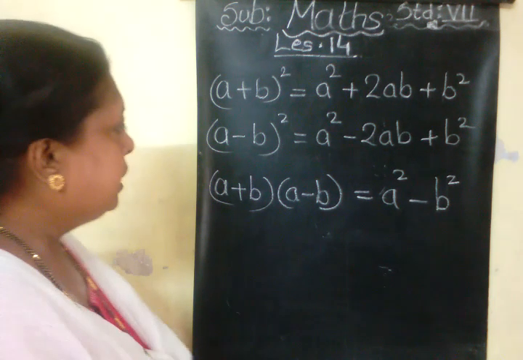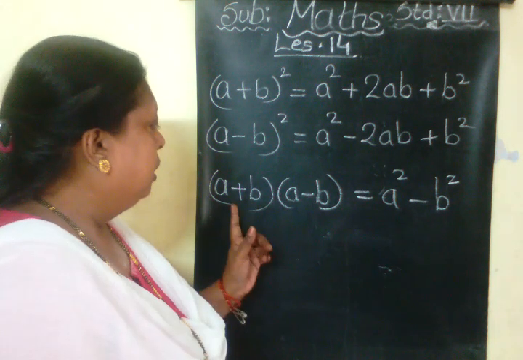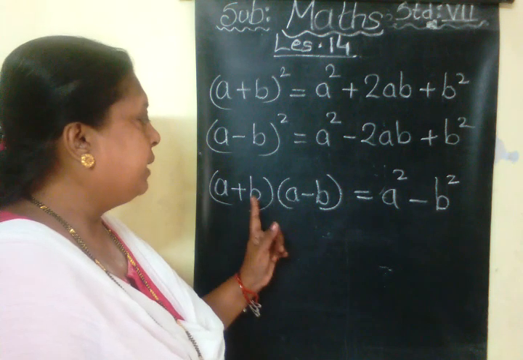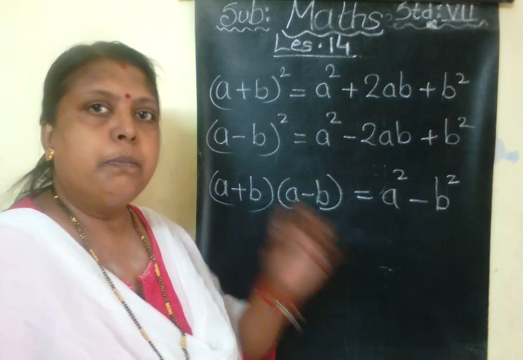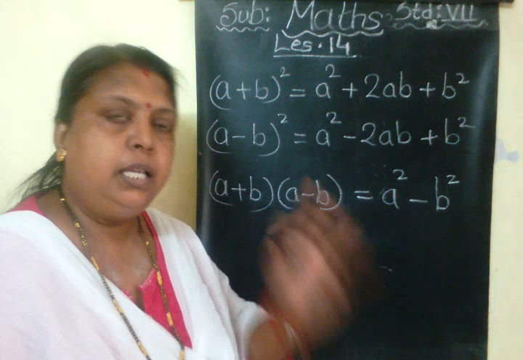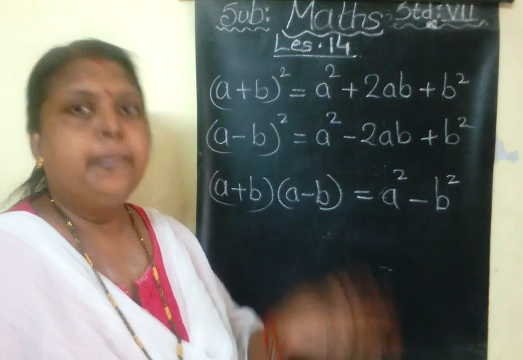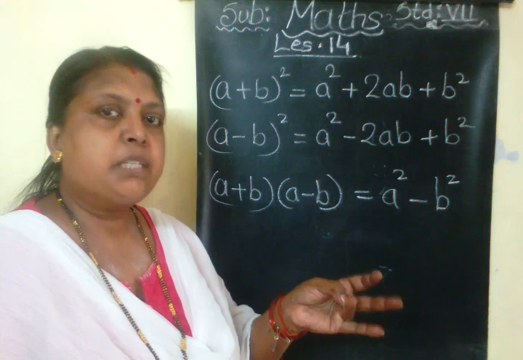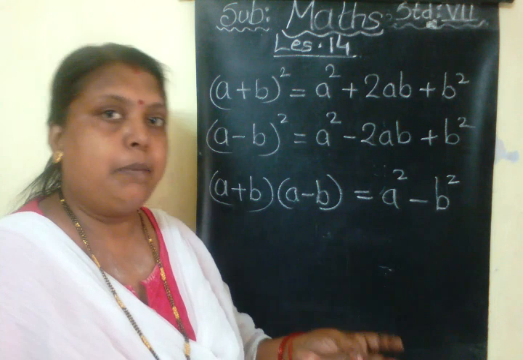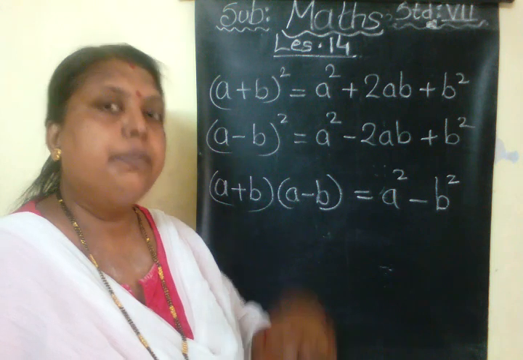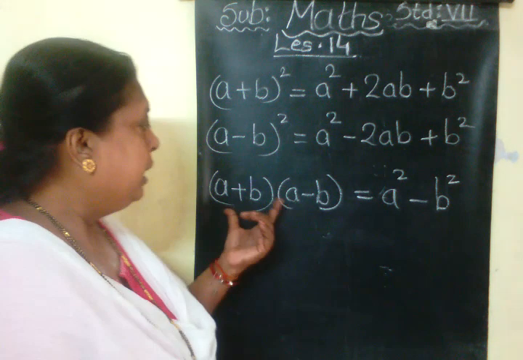Okay. What are the conditions to be remembered? Both the binomials, first term and the second term, both must be exactly equal. Exactly equal means the letter should be same. The power or index must also be same. And if it is in numerator and denominator form, then that also should be equal.